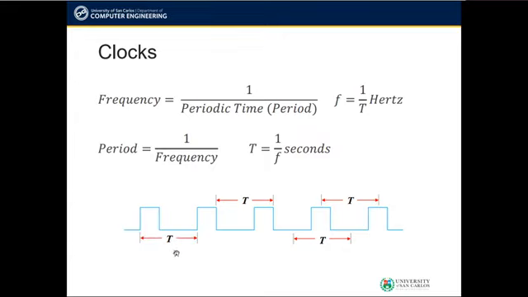We can see that this part of the signal repeats at this point and repeats again at this point. If we take another part of the signal, like this point, it repeats at this part of the signal.